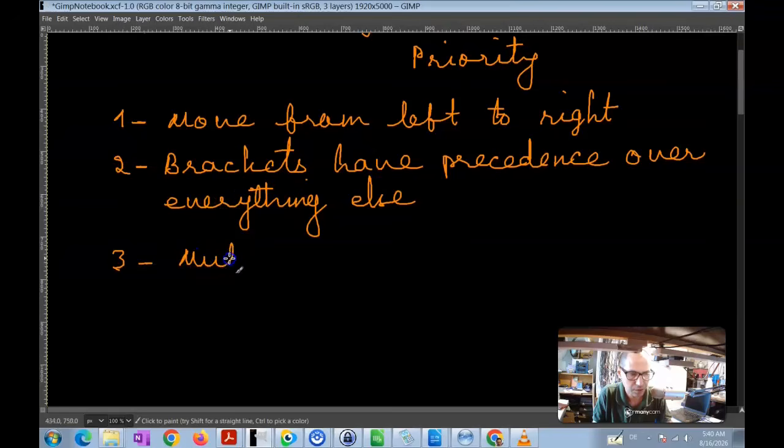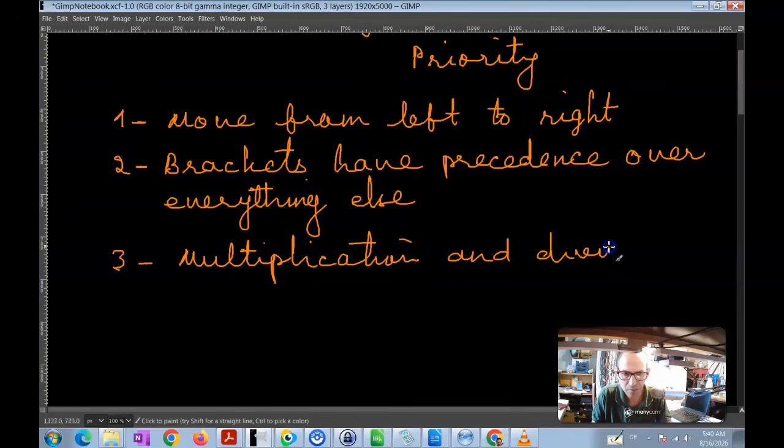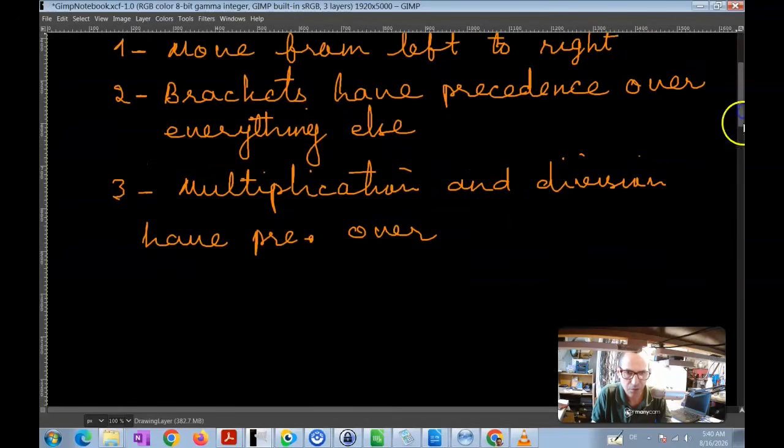And then after brackets, multiplication and division have precedence over addition and subtraction.